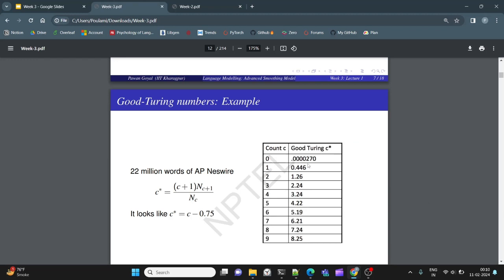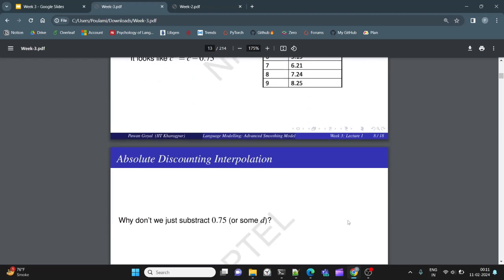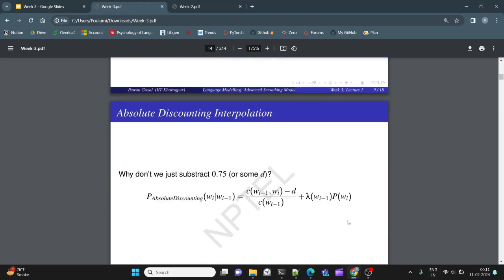Here we can observe that when we compute the adjusted count using Good-Turing, from 2 onwards there is a constant amount of decrease between the actual count and the discounted or adjusted count, and the difference is more or less 0.75 across all. So that was the idea behind absolute discounting interpolation.